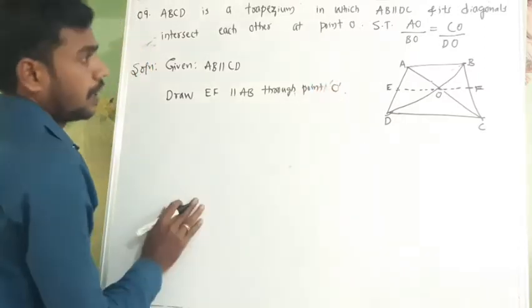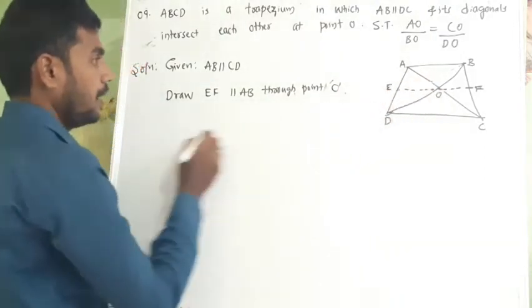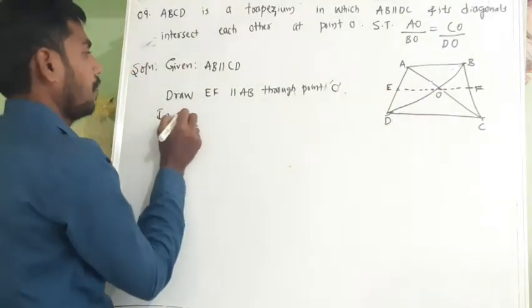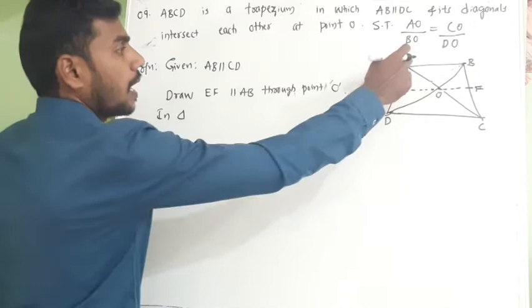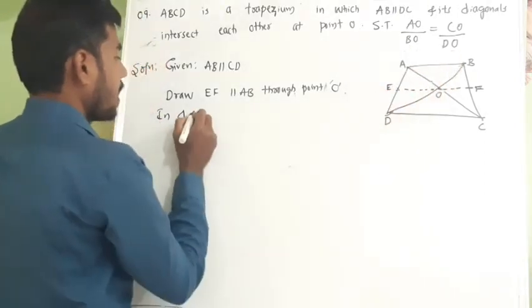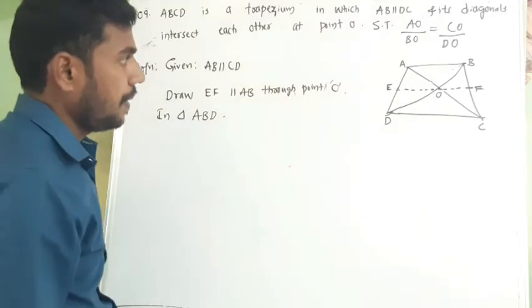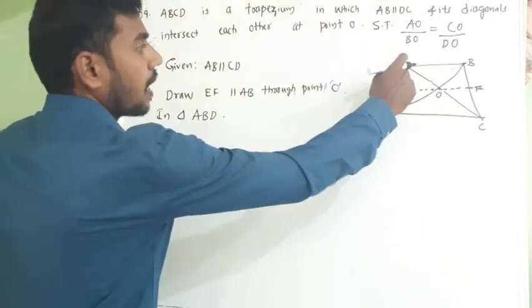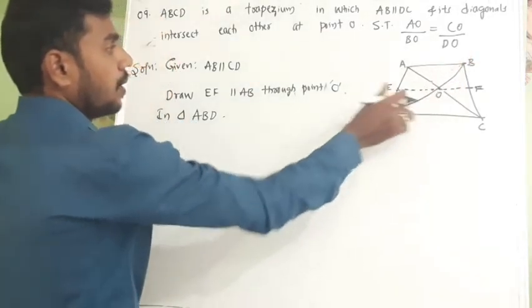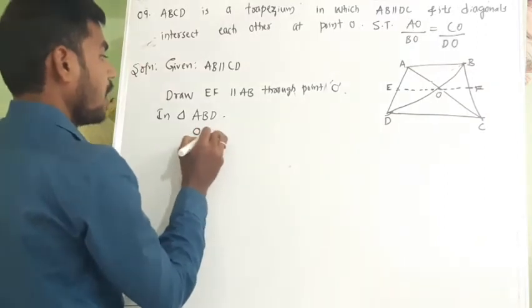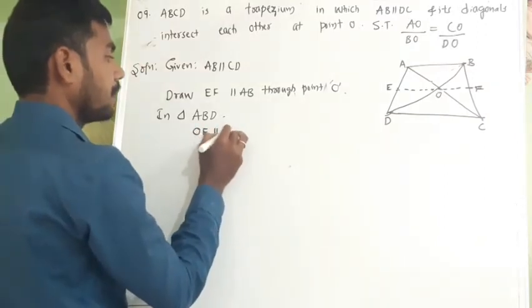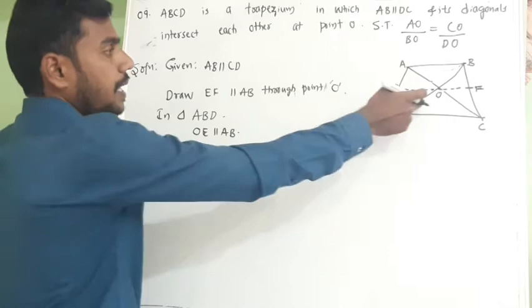Now, in triangle ABD, OE is parallel to AB.